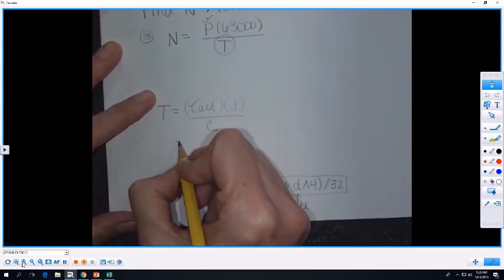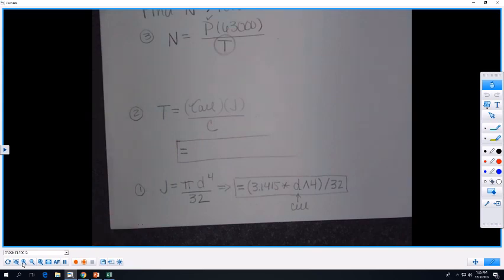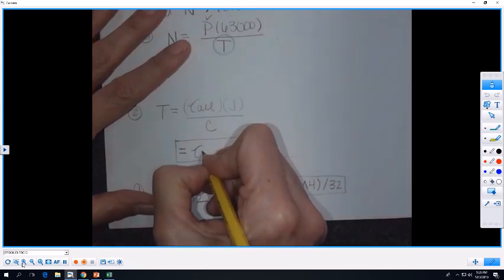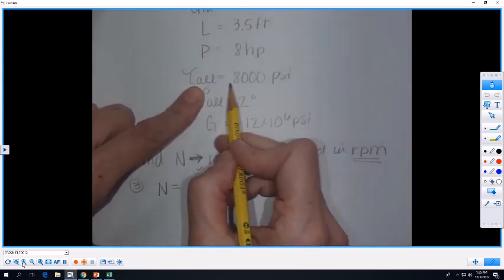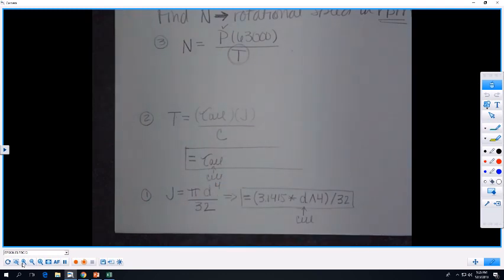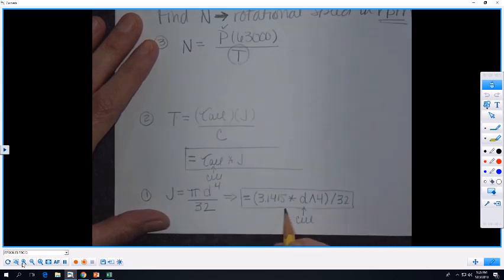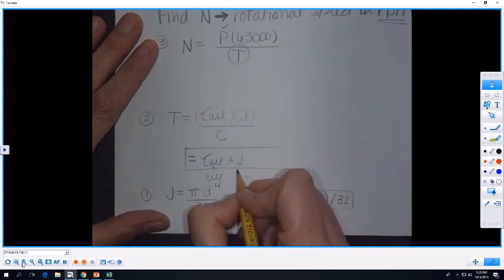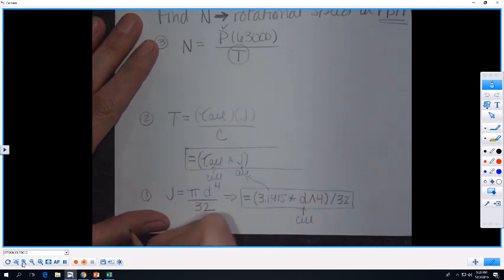Now that I have my J, that's going to be a cell that we use up here. So let's write out how we're going to put this into a cell. We start with the equal sign. We're going to use the tau allowable first for the top line. As I look, that is going to be a given for me, so this is going to be a cell from my input. Times J, which is right down here. That's going to be the cell for the J. Parentheses around those two for the top line.